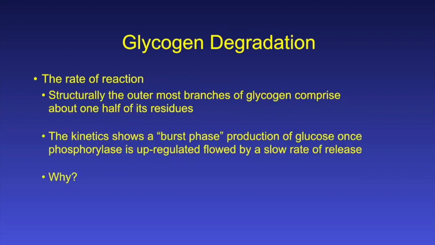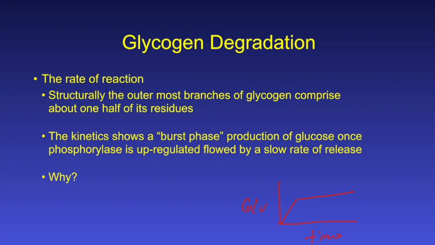But because there are so many ends at the beginning, in the production of glucose over time, you see only the rate of phosphorylase because it's got so many places to react. And then it stops and continues the production of glucose at a much slower rate. The much slower rate is now based upon the rate of the debranching enzyme, which is much slower.